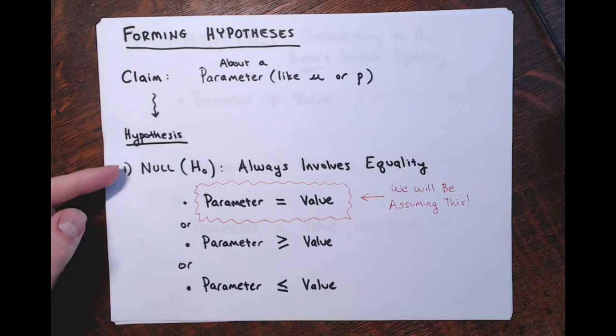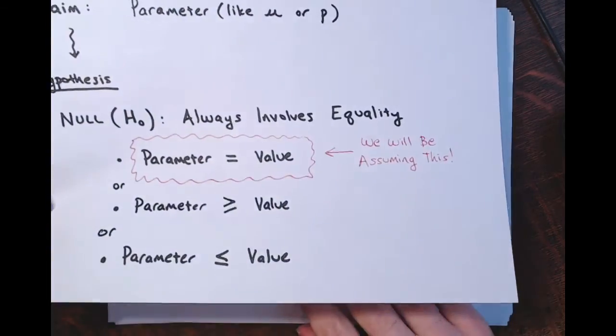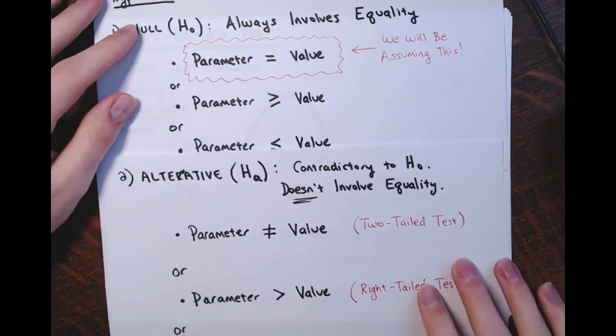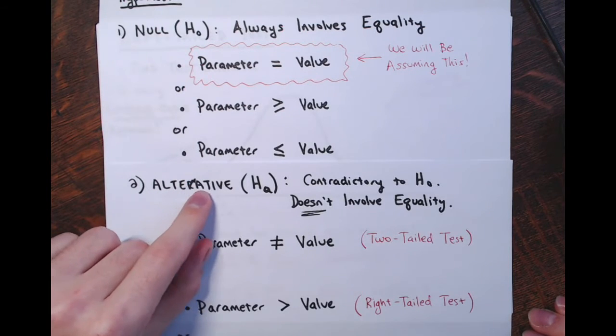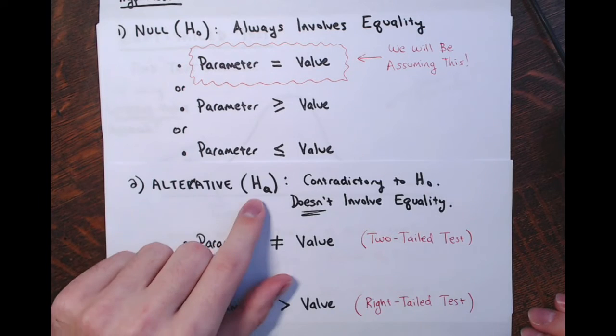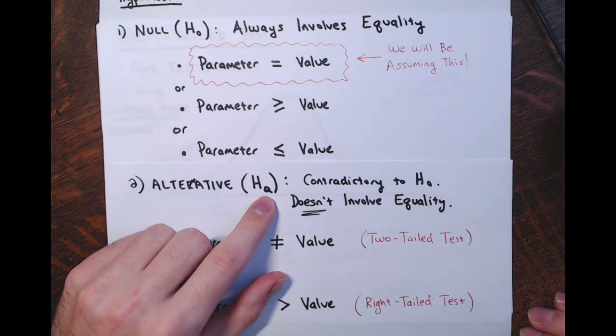All right, then the opposite of this, the contradictory statement to the null hypothesis, is the alternative hypothesis. This is usually symbolized HA, H sub A, or again in other books, I've seen H1.